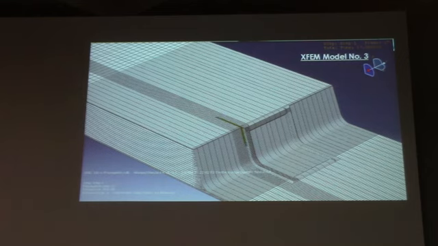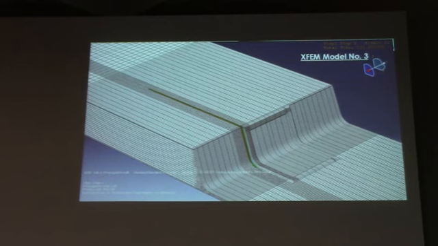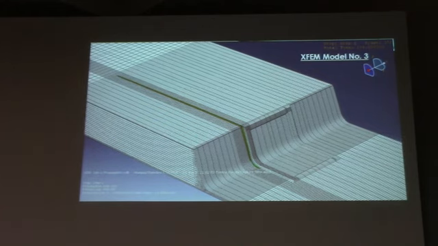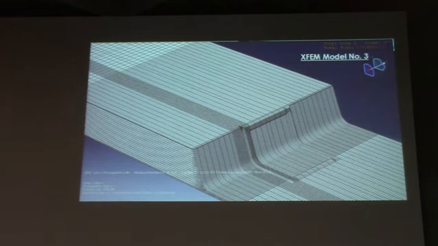And as simple as it looks now, as I told you, it took several weeks to get something which strongly resembles reality. Now I don't have the number of cycles here and so on. This is still kind of checking up. Even the company that ordered this simulation is not very happy to publish everything, but they allowed us at least to show you how it is possible to simulate even very, very complex crack growth.